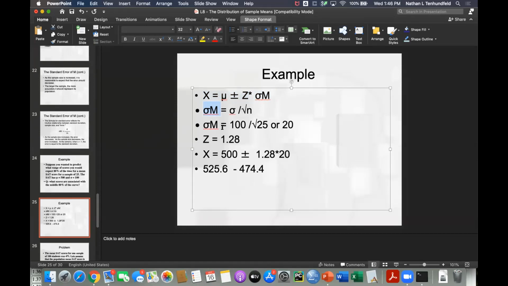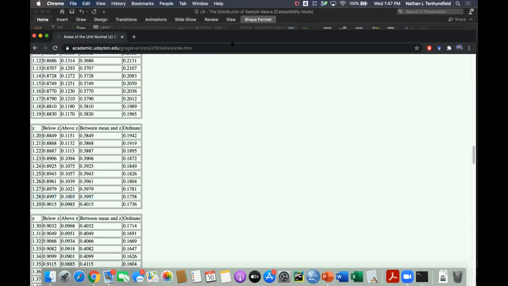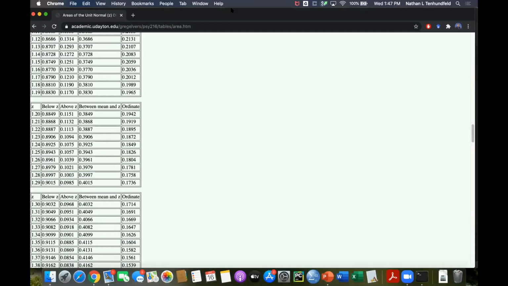I don't get how you got the z-score. So the z-score, again, we are looking up in that unit normal table. And so let's open this up. So we know that what we want is the middle 80%, right? So that leaves 20% left divided into the two tails on either extreme.